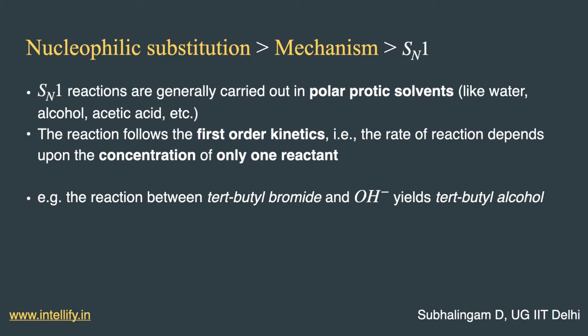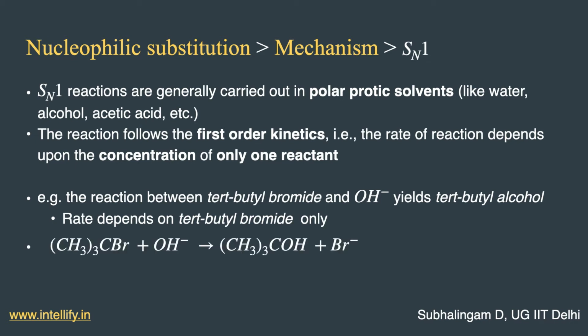Example, the reaction between tertiary butyl bromide and OH minus ions yields tertiary butyl alcohol. The rate depends only on the substrate, that is tertiary butyl bromide here. We have the reaction (CH3)3CBr plus OH minus gives (CH3)3COH, that is the alcohol that we need, plus Br minus.